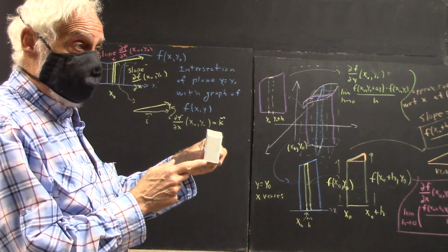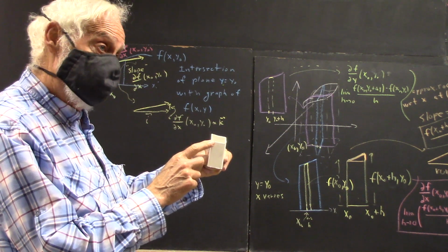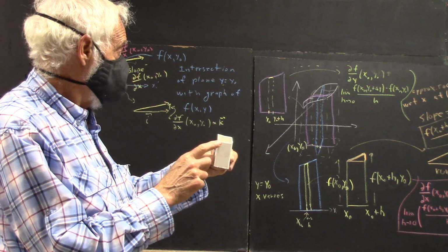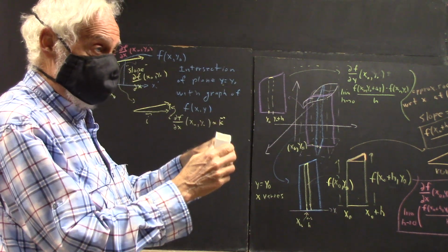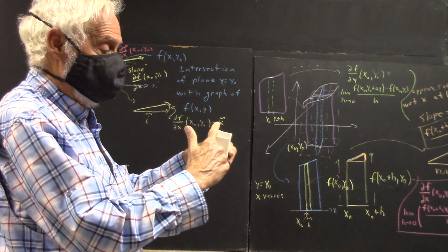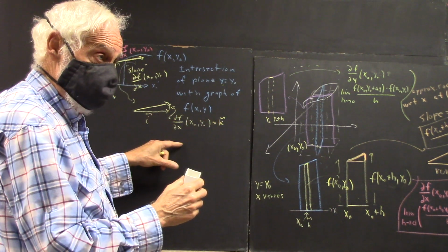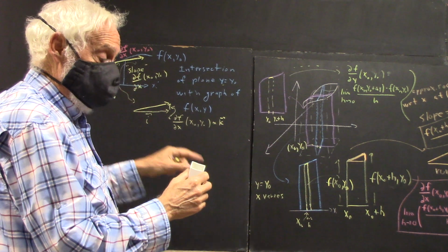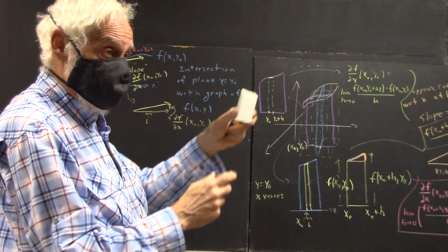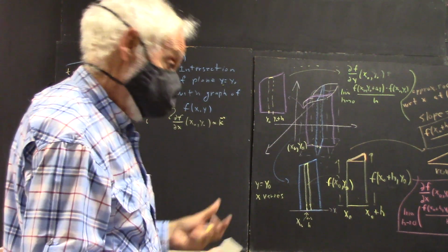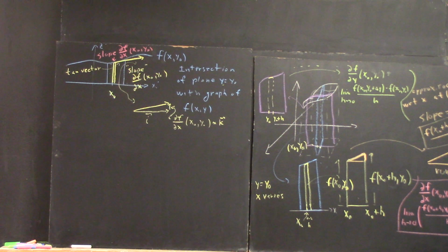This point being x naught, y naught in the xy plane, this height being f of x naught, y naught, and this height being f of x naught plus h, y naught. At this point we have slope equal to this partial derivative, which is approximately equal to the slope of this side of the object. So that should completely orient you to this picture.